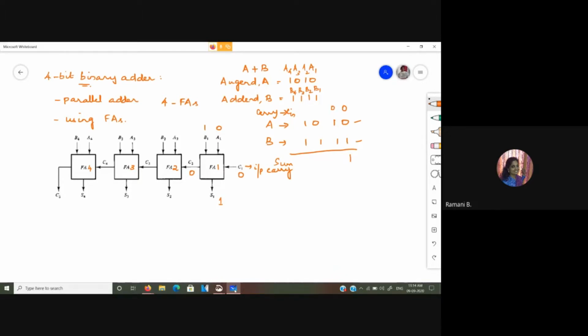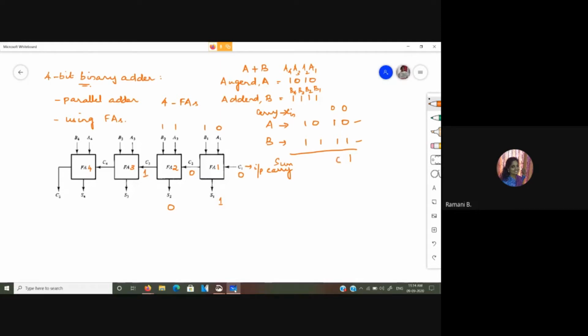Okay. Next, we are to add. So this carry is the input over here. This A2 is 1 and B2 is also 1, the second position. So adding 1 with 1, we get the sum to be 0 and carry to be 1, right?